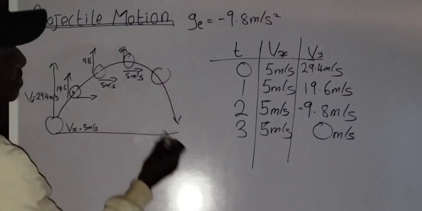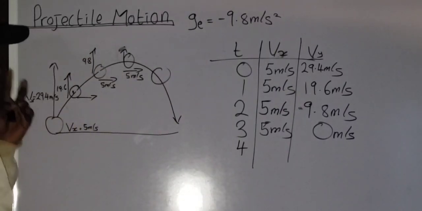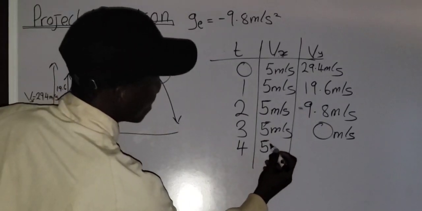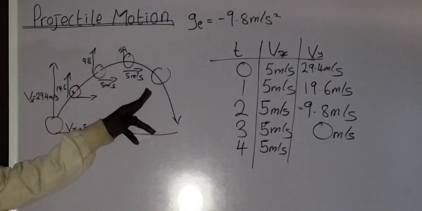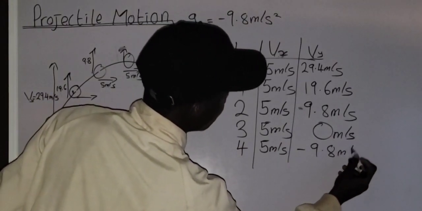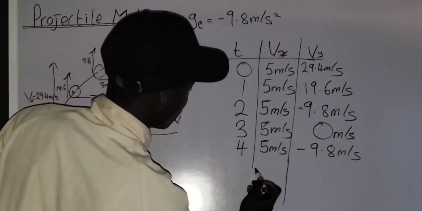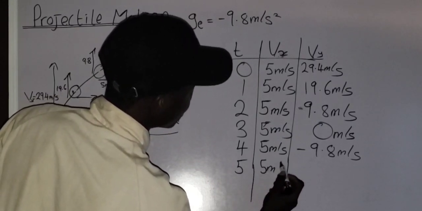Now, for the 4 seconds, the velocity will still remain the same along the horizontal axis. So the velocity along the vertical axis is minus 9.8 meters per second. So for the 5th second, the velocity will still remain the same along the horizontal axis.